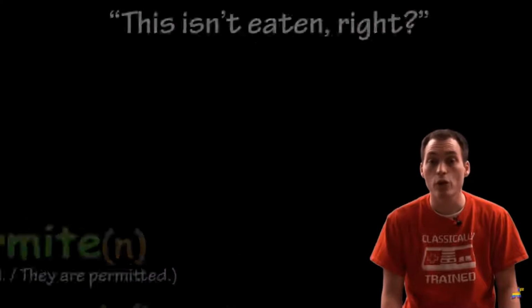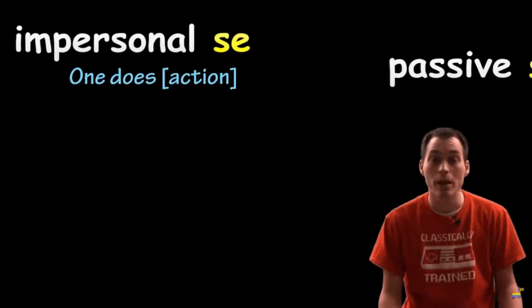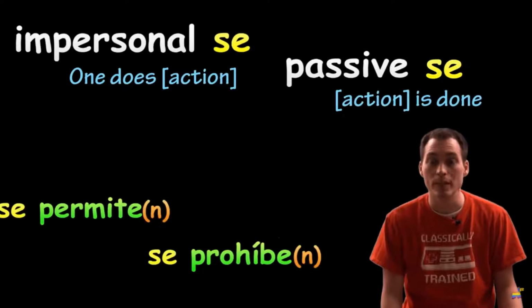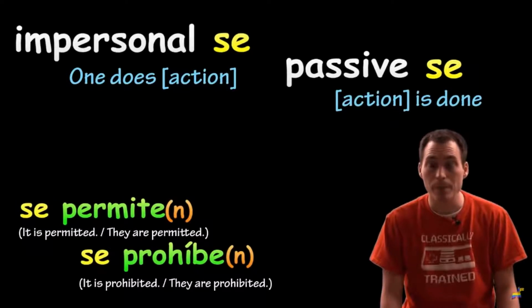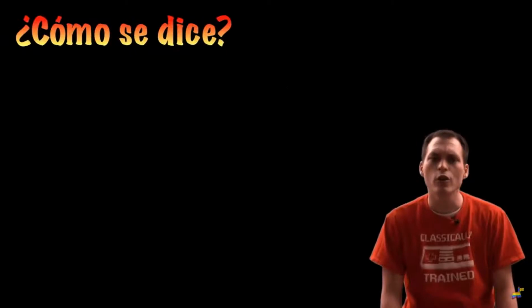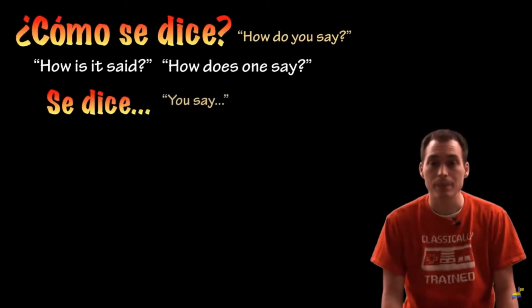The se before come makes this a usage that we call the impersonal se, or passive se. We actually have seen this before without realizing it in the videos that I've mentioned with se permite and se prohíbe. But if we go even further back to one of the first videos in the entire series on the alphabet, we saw the phrases, ¿Cómo se dice? And the answer, se dice.